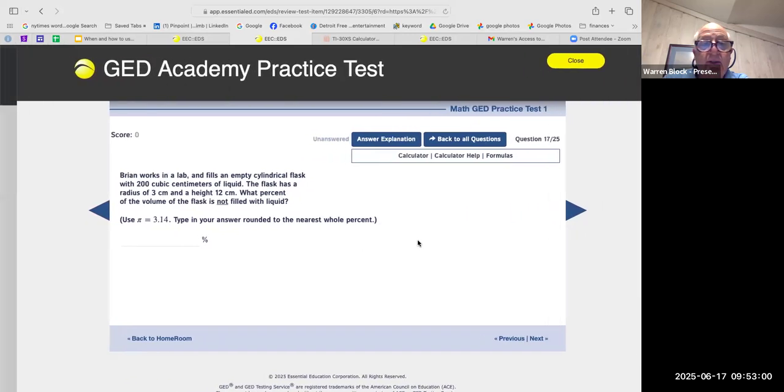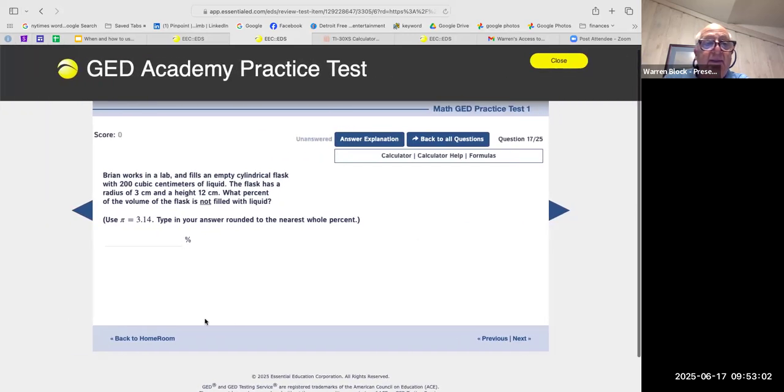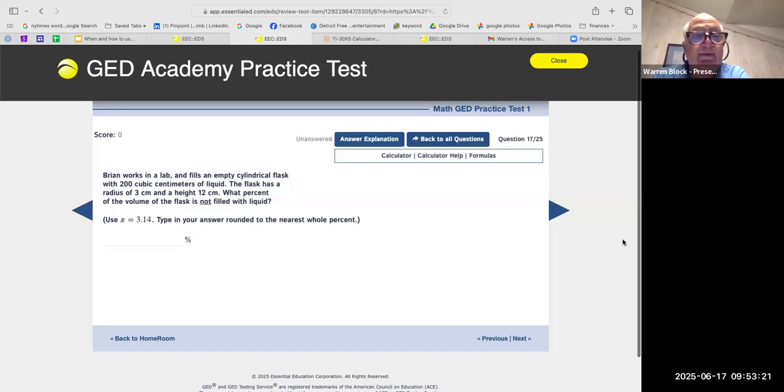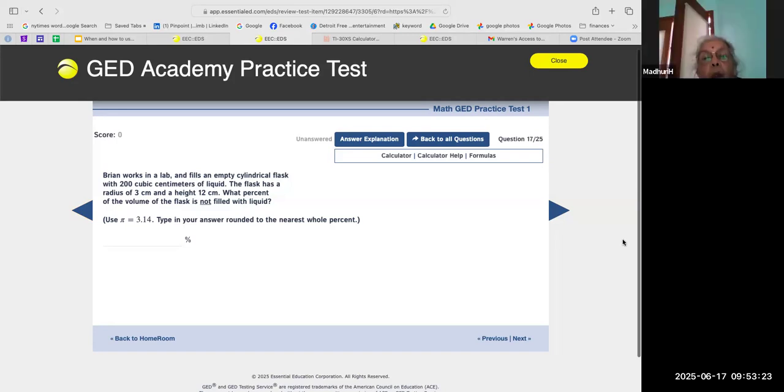Read the question. What are we dealing with here? Move back over here. Looks like we're going to need a formula. It says use 3.14. We're going to use the calculator anyway, so we might as well use pi.